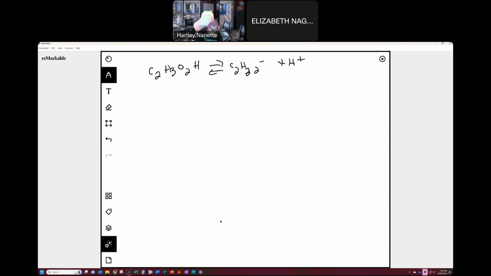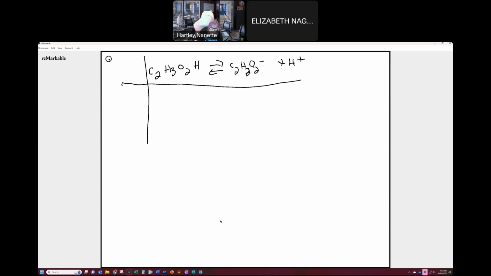Now, when I set up my ICE table, the negative X goes under the acetic acid, the positive X goes under the acetate ion, and the positive X goes with the H plus.